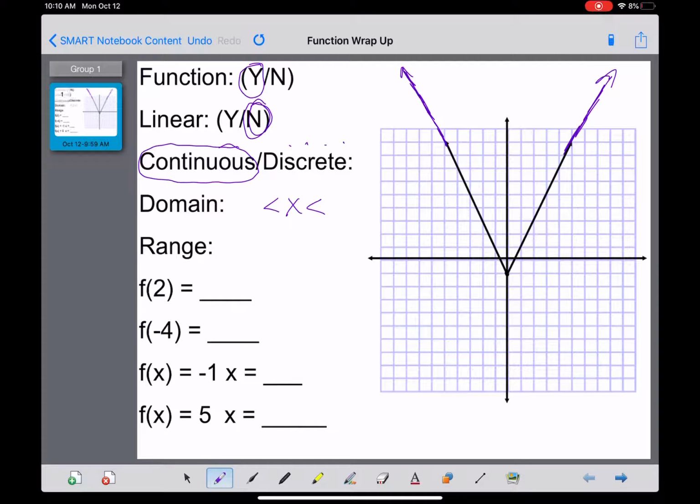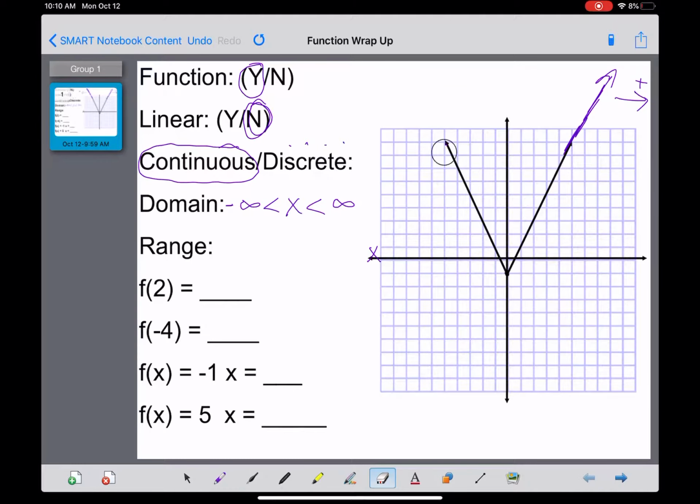Well, for domain, we want to see the length of it. How far does it stretch across my x-axis? Well, if it's going to continue to go to the left forever, and to the right forever, that means we're going to hit all negative values and all positive values. We're actually going to hit all values. So when I write this as an interval, I'm going to say that we go from negative infinity all the way to positive infinity.